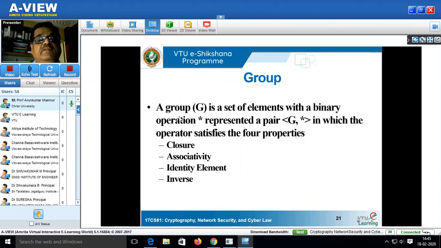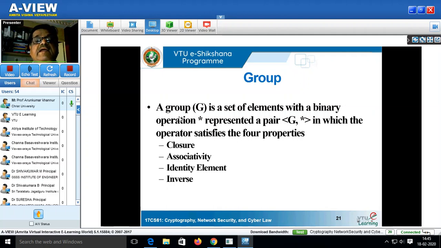A group, represented as capital Z, is a set of elements with a binary operation star, and it is represented as a pair within opening angle bracket Z, comma star, closing bracket.